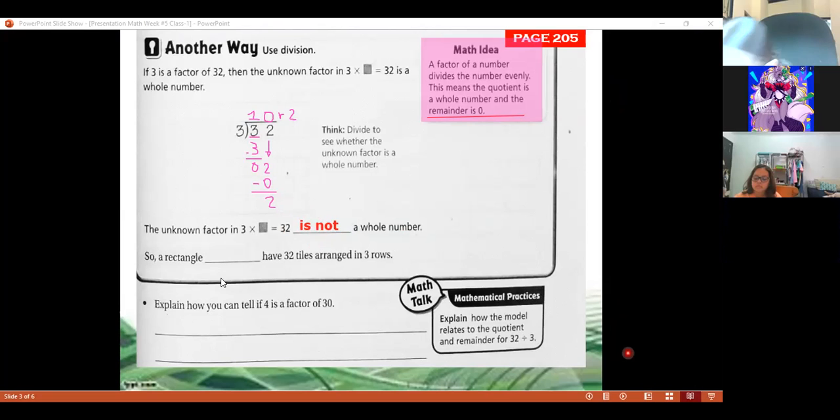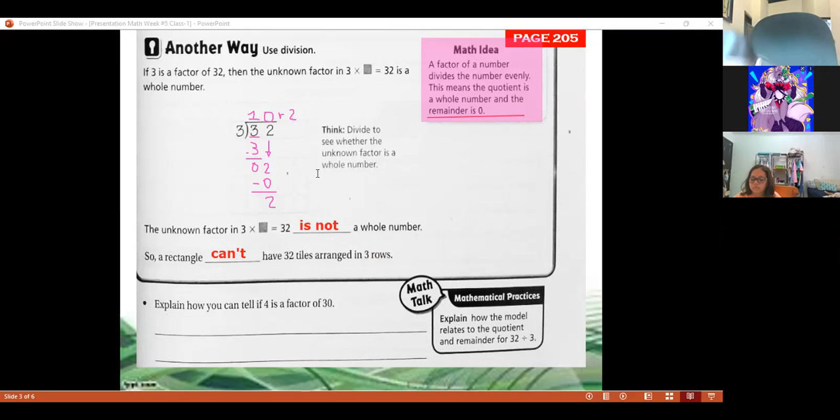Now, a rectangle has 32 tiles arranged in 3 rows. Remember, it cannot. So let's write it down one more time. Cannot, or you can say can't using the contractions. A rectangle can't have 32 tiles arranged into 3 rows equally.